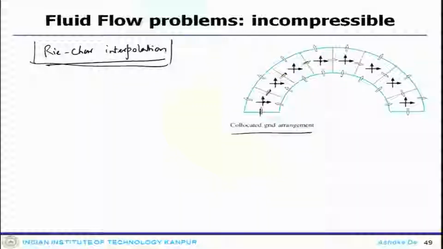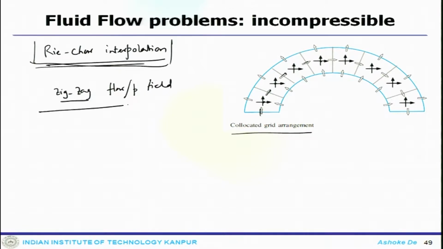This is what the Rhie-Chow interpolation does. The deficiency in the original collocated formulation, which is primarily the checkerboard or zigzag flow and pressure field, can now be avoided using this interpolation.